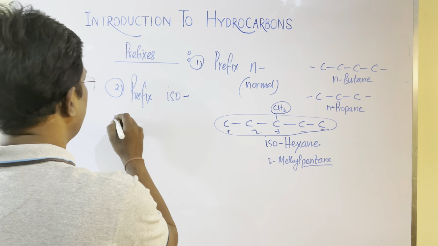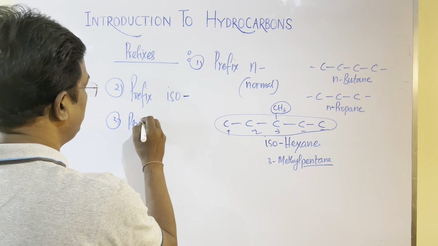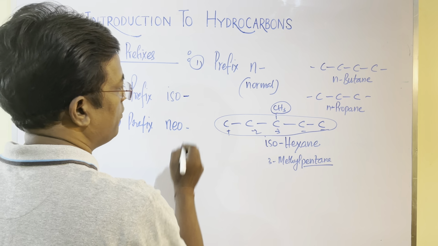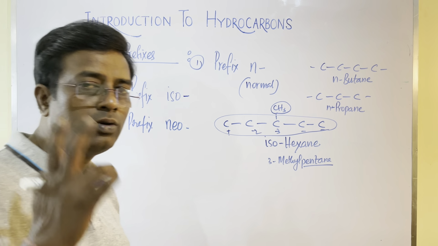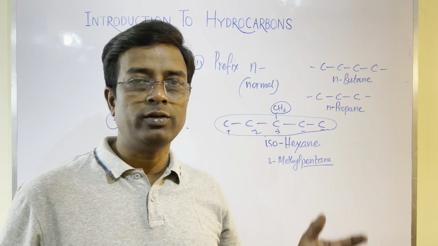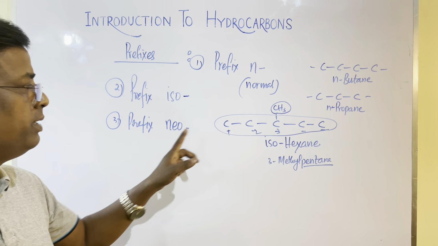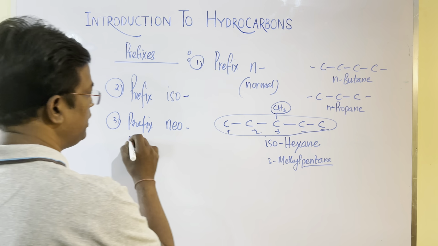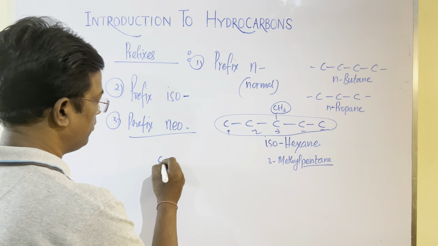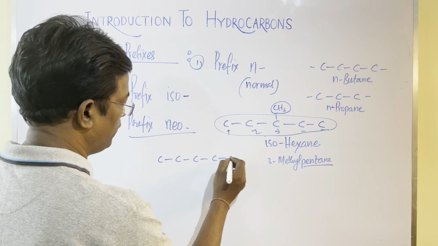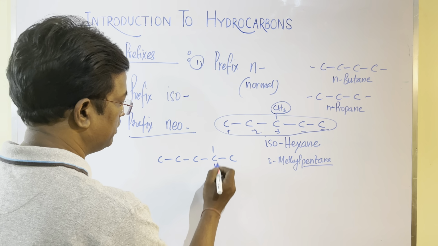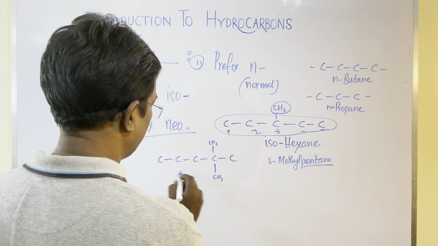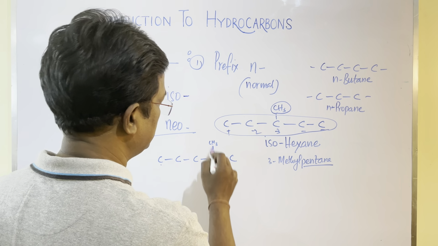Then the third prefix is neo. When there are two methyl groups attached to the second last carbon atom, as I have told you earlier also, then the neo prefix is used to name them. 1, 2, 3, 4, 5, say suppose here 1 CH3, 1 CH3. So it will be 1, 2, 3, 4, 5, 6, 7.